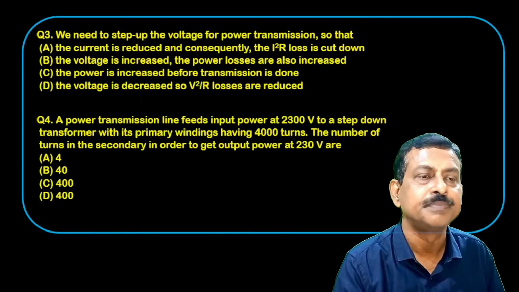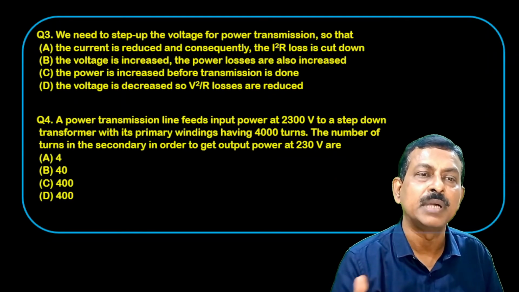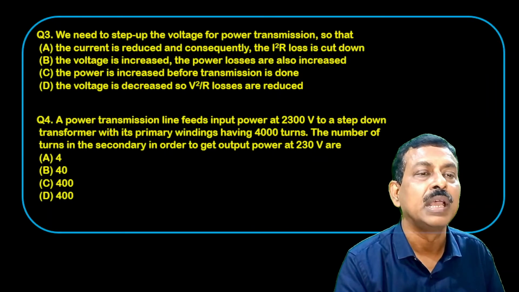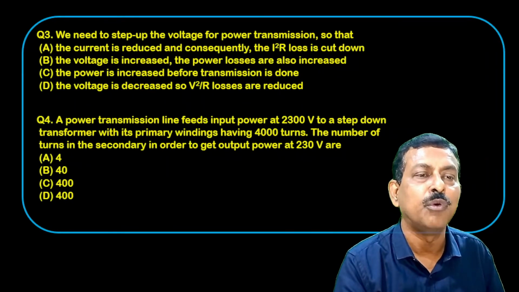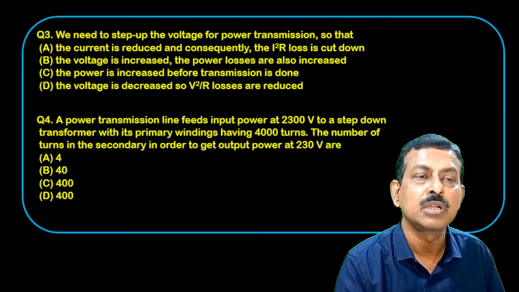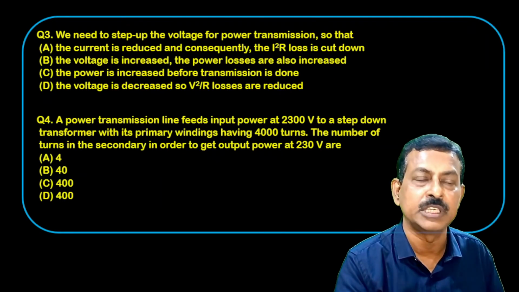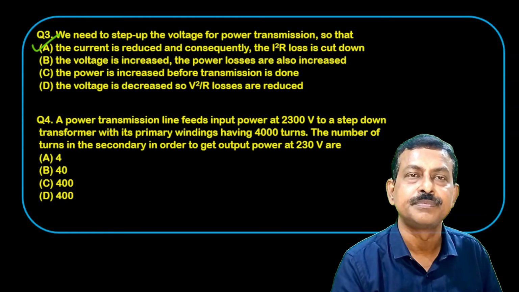This is wrong. Voltage is definitely increased if it is a step-up transformer, but the power losses are decreased. Power is increased before transmission is done. This is wrong. Voltage is decreased so that V square by R losses are reduced. This is also wrong because you are stepping up voltage. So in that case, the first one is the correct option.